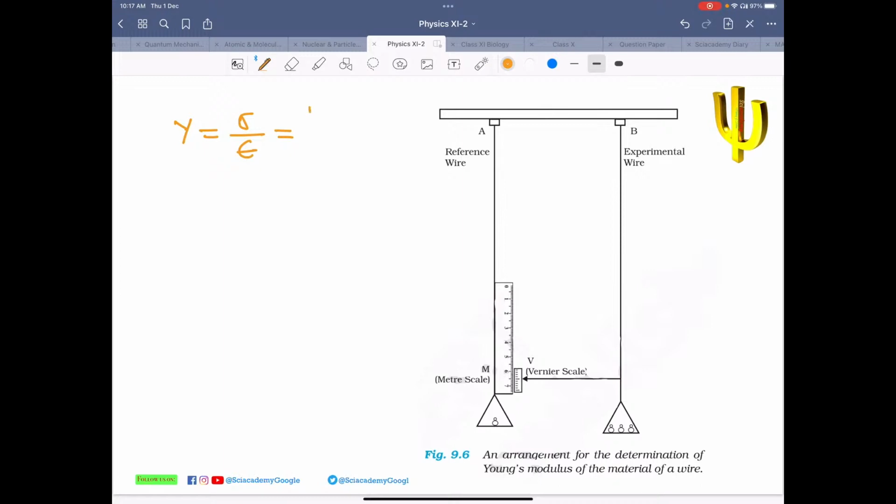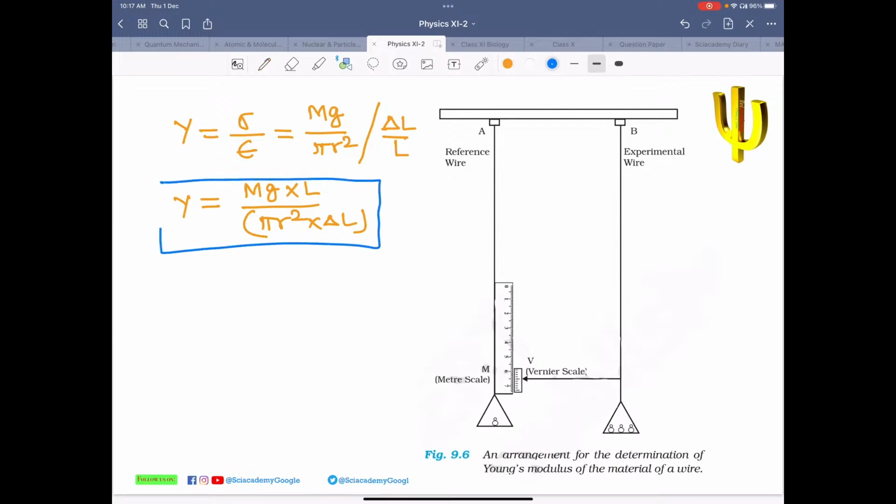And here longitudinal stress is mg divided by the area of cross section pi r square, divided by delta L by L, which gives that Y is equal to m g into L by pi r square into delta L. So by this formula, we can get the Young's modulus of this wire, and we can repeat this experiment 3 times and take the average of the 3 readings to get a more accurate value of the Young's modulus of the wire.